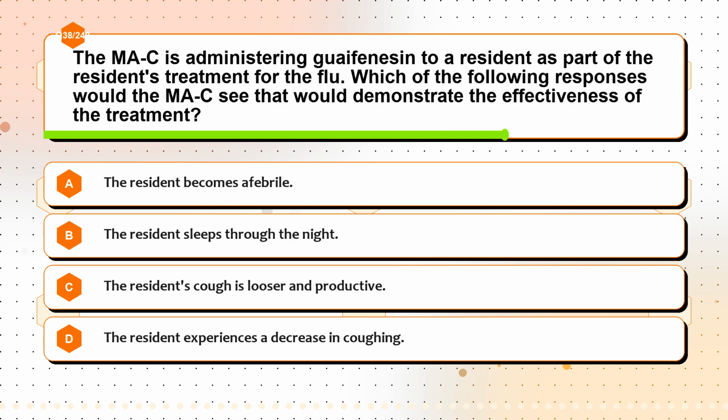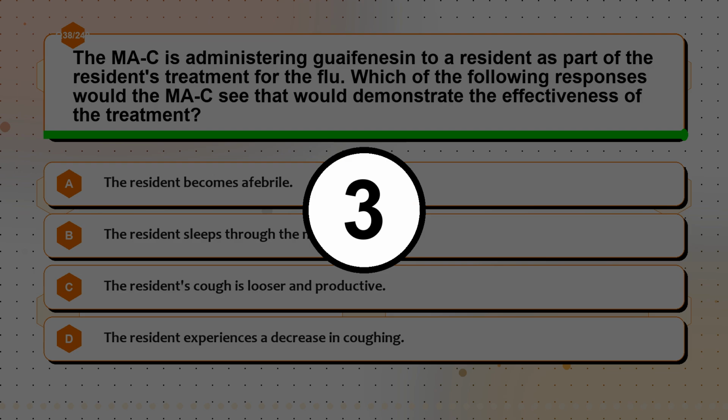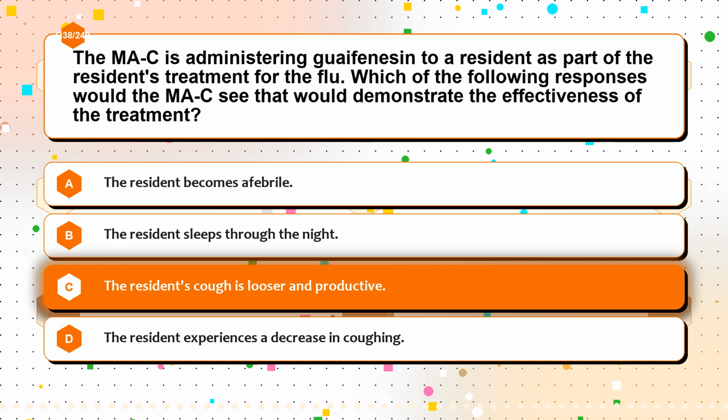Option C. The resident's cough is looser and productive. Option D. The resident experiences a decrease in coughing. The correct answer is option C. The resident's cough is looser and productive.